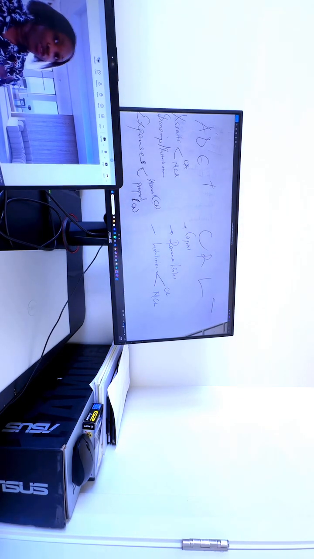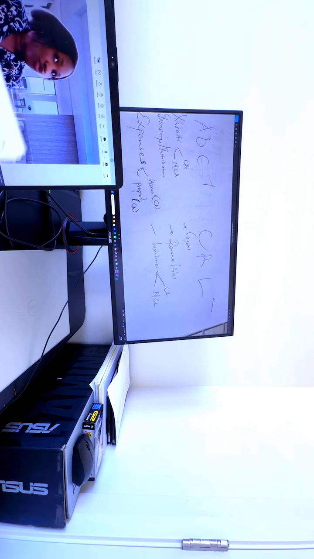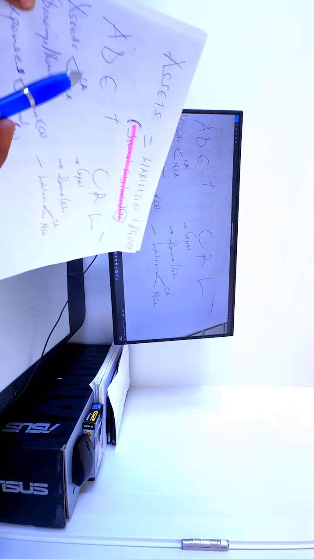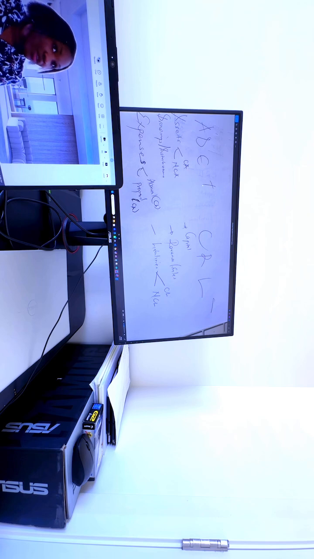Now, this helps us to understand which account you're dealing with and what is the likely treatment of that particular account. For example, if you're dealing with assets, whether they are current or non-current, you're going to add them, increase them.